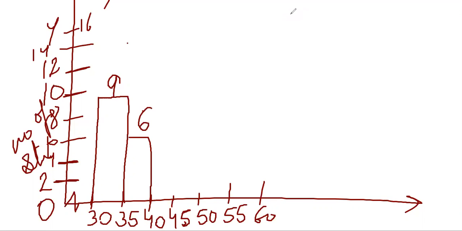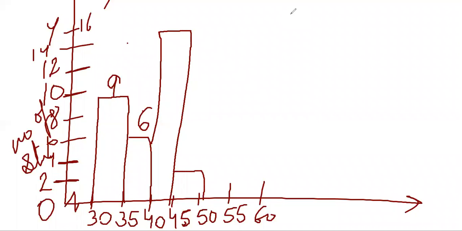This is called a histogram. Then next is 15, between 14 and 16, and it's like this. Then 45 to 50 it's 3. Next it's given here 50 to 55 which is 1. Then you will take 1. Last is given here 2 up to 60. Then you will take here 2 like this.